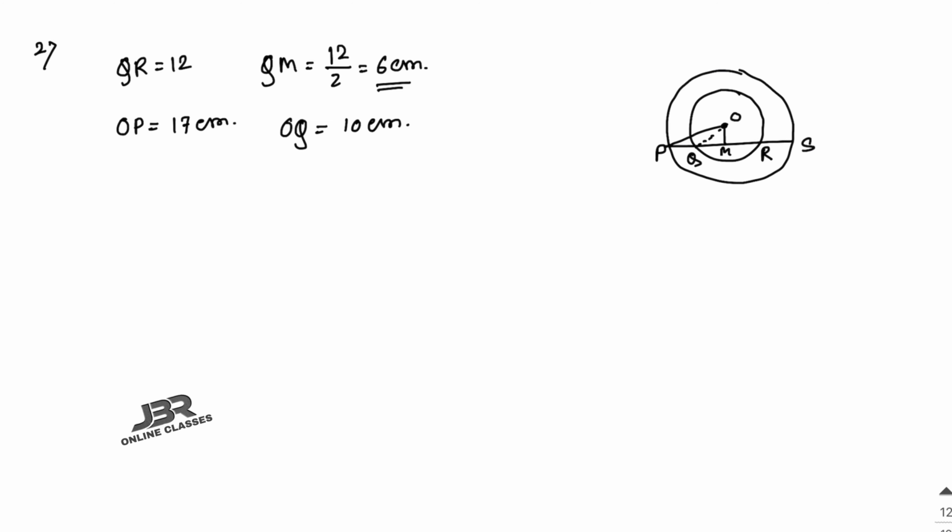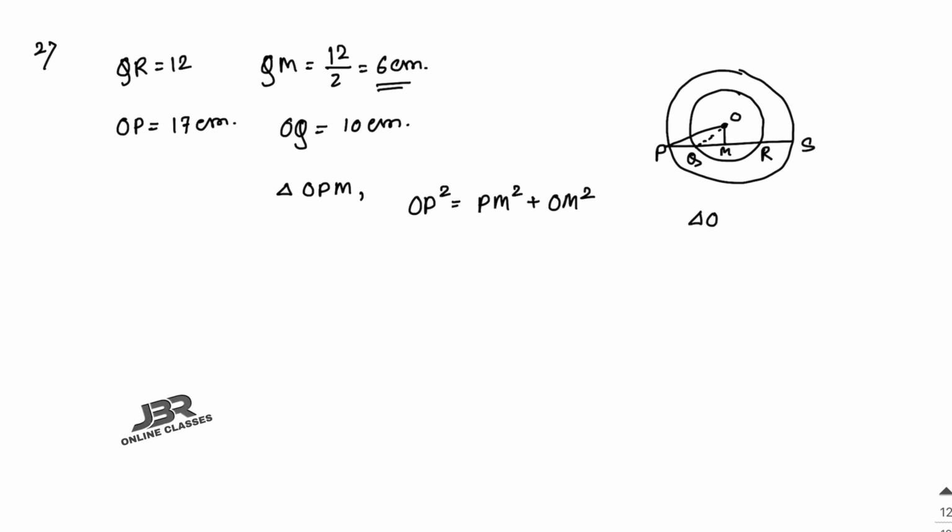QM equal to 6 centimeter, you know that. The next thing is to find out the value of PM. From the triangle OPM, OP square is equal to PM square plus OM square. Now again you have to find out the value of OM.